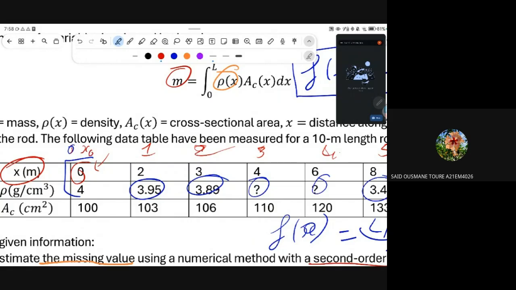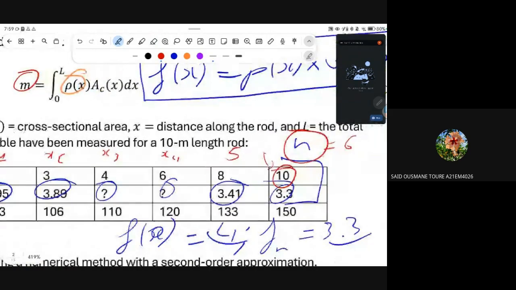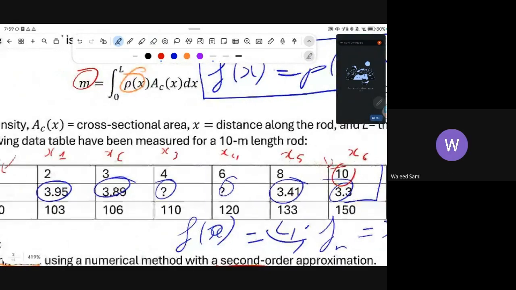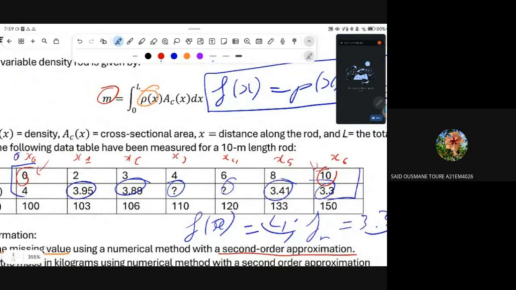So x0, x1, x2, x3, x4, x5, and x6. Because it starts from x0, not x1, n equals 6.